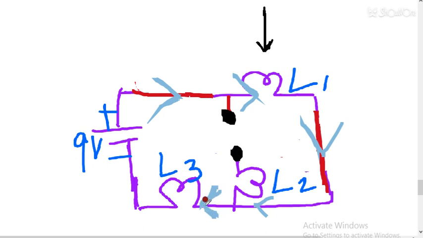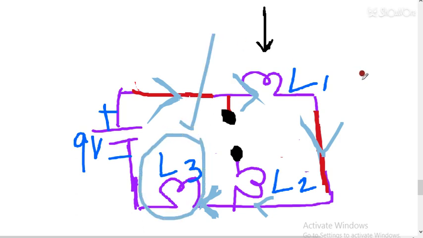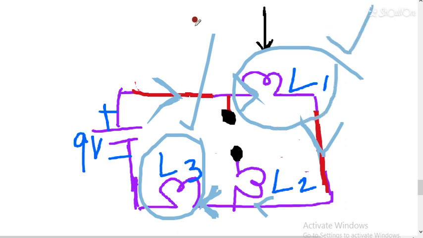So it will be like this one, same current will flow. So light L3 will glow and light L1, these two lights will glow for question number 6. For question number 6, the light L1 and the light L3 will glow.